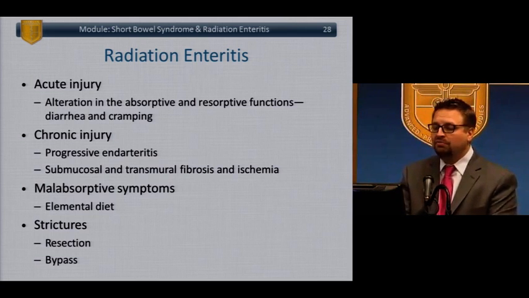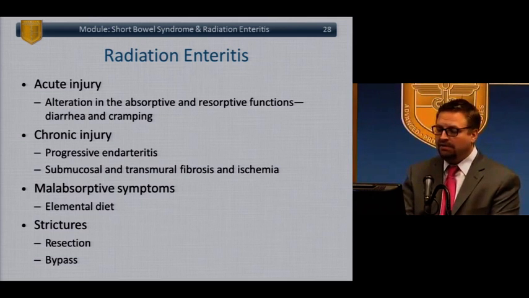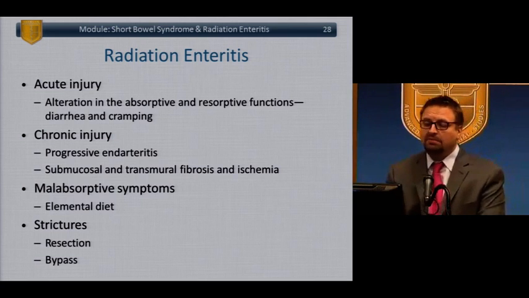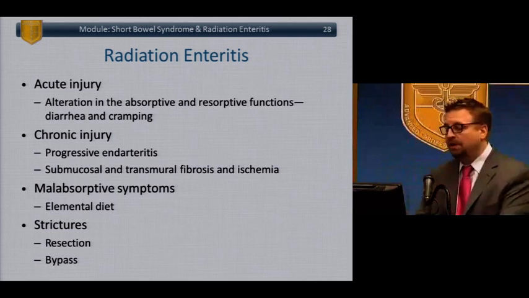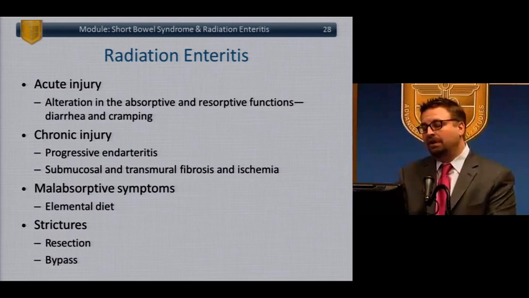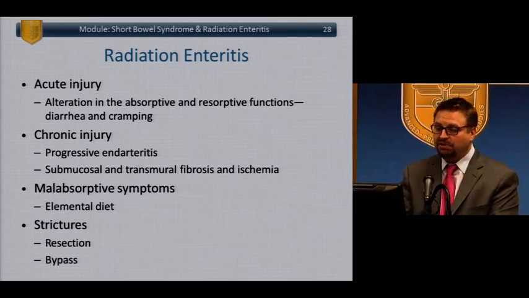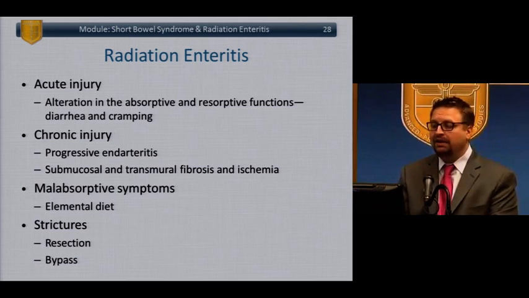This then progresses to more of a chronic issue, and this is really a vascular injury in the chronic phase. They get a progressive endarteritis. And because it's a vascular problem, over time they will develop fibrosis. So this is why these patients go on to get strictures, because they have chronic ischemia at the microvascular level. And as that heals, they're left with strictures.